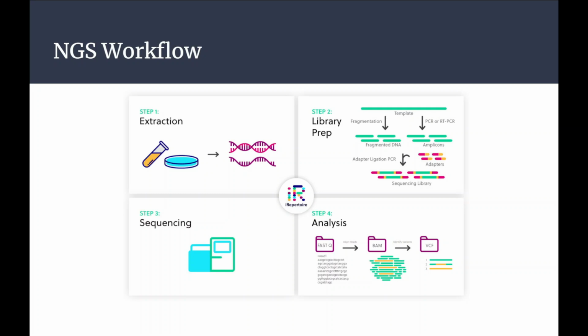Library preparation is needed because we have to prepare reads that we send for sequencing. There will be a sequencer machine, that is part 3, and all sequencers have different capacities and capabilities. So we have to provide reads that fit the condition.